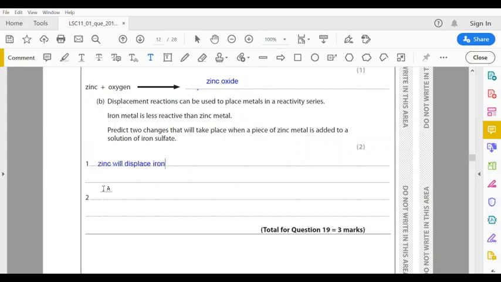And once it reacted, we can say what products happen, right? Predict two changes that can happen. So zinc sulfate will be produced because iron sulfate is reacting with zinc. So zinc sulfate will be produced. And when it's producing, the temperature would increase.